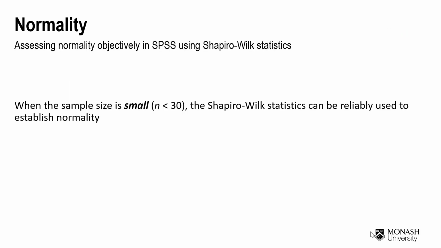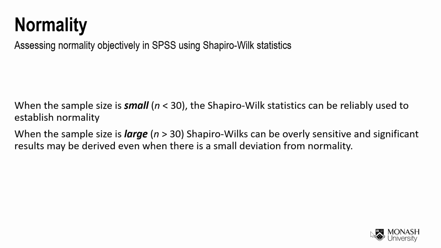We can test normality objectively in SPSS using the Shapiro-Wilk statistics. When the sample size is small, for example, less than 30 participants, the Shapiro-Wilk statistics can be reliably used to establish normality.